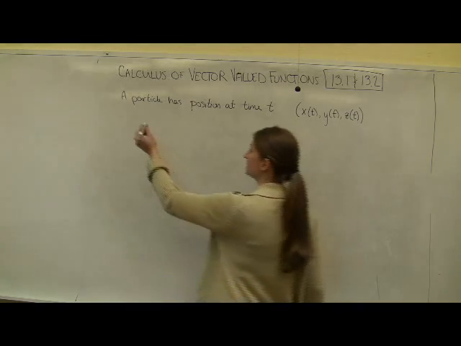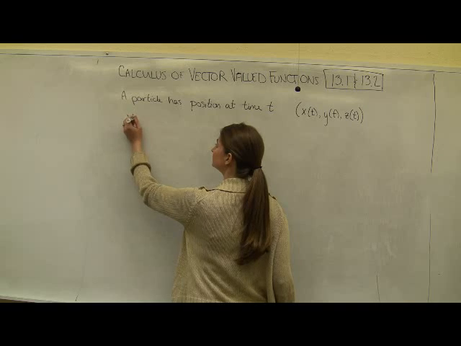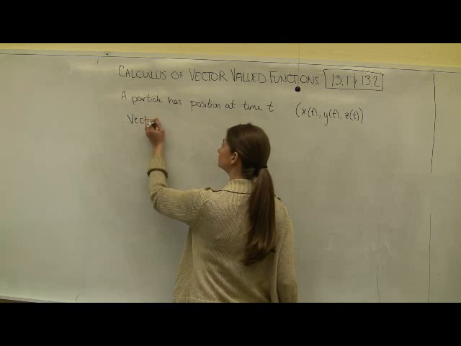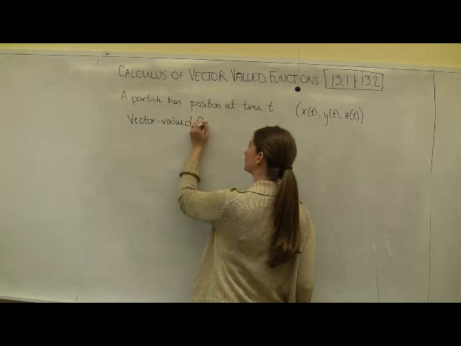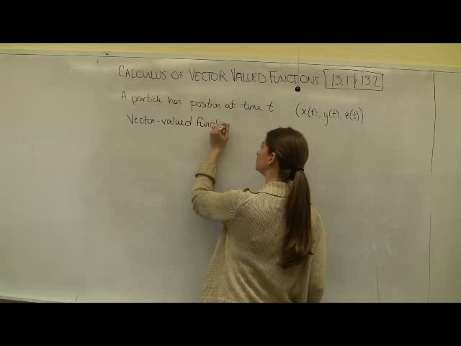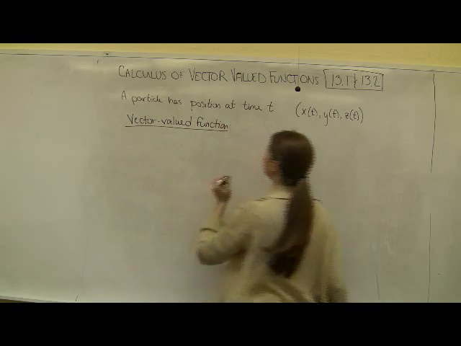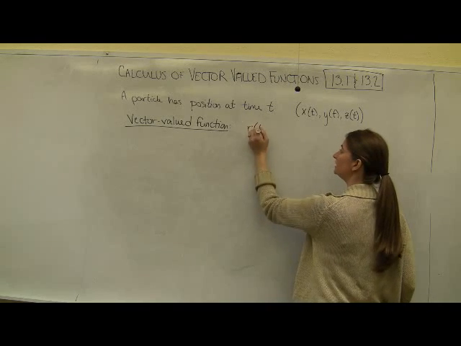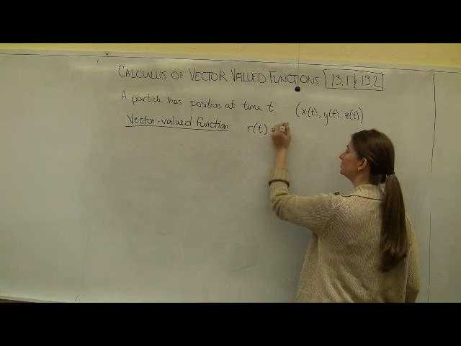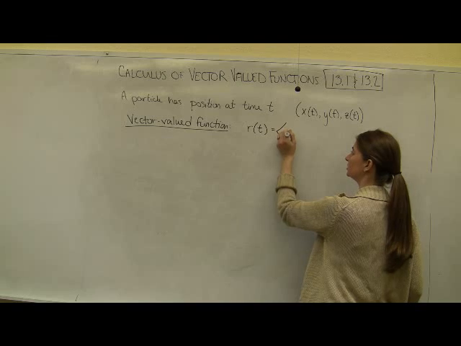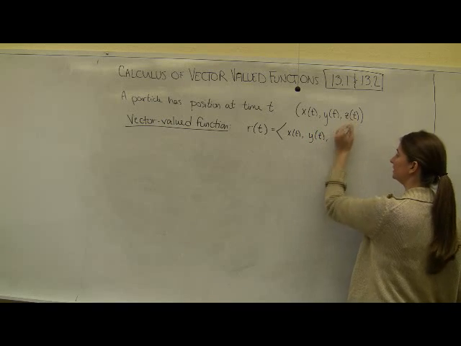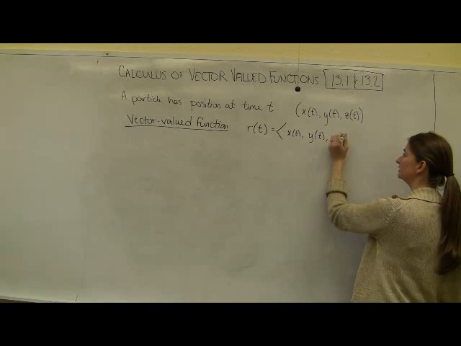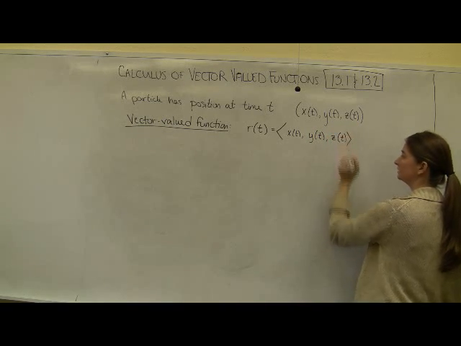Typically, when we represent a vector-valued function, we write it as r of t is equal to a vector where the first component function is x of t, the second component function is y of t, and the third component function is z of t.